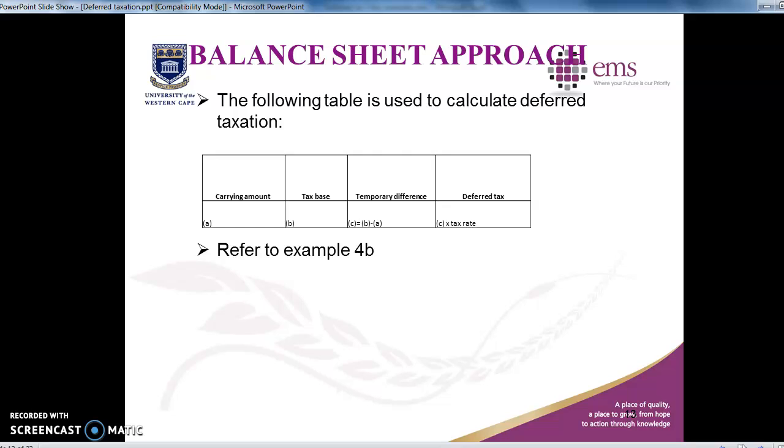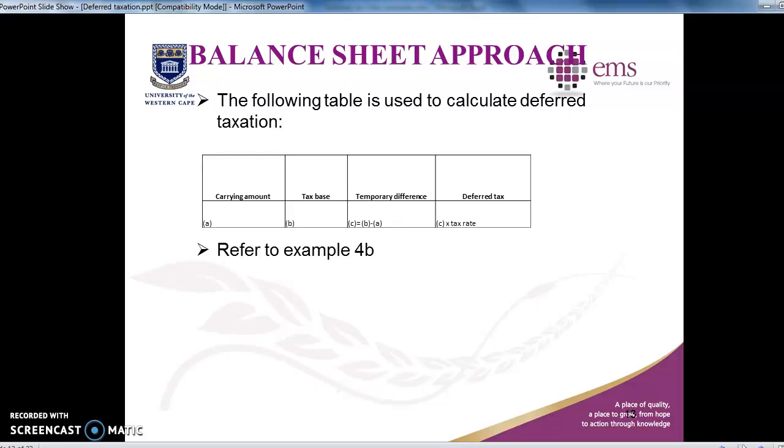So if carrying amount A is more than our tax base, which is B, we will have a taxable temporary difference. If our carrying amount is less than our tax base, we will have a deductible temporary difference. Because remember, the difference between our carrying amount and our tax base is a temporary difference. And then, in order for us to calculate our deferred tax, right, we would say our temporary difference times 28%.